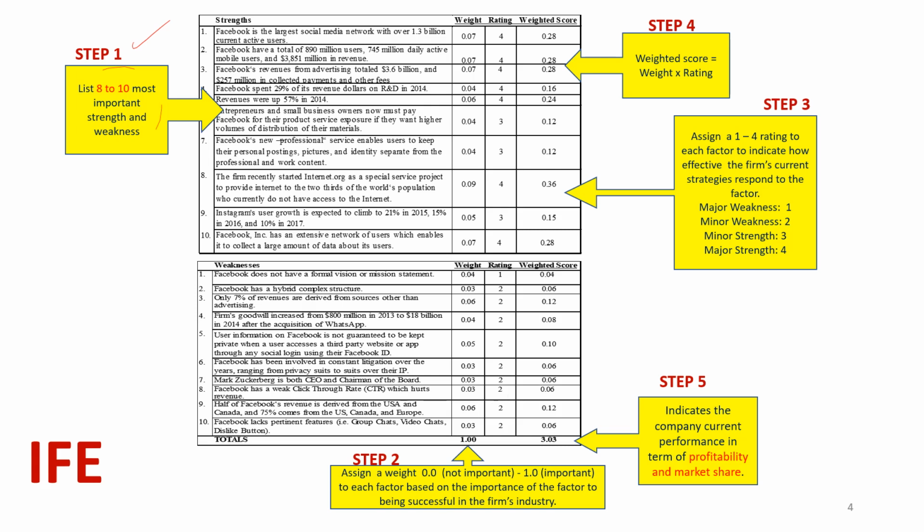The next step is assigning the weight. Weight ranges from 0 as not important, to 1 as all important. You assign a weight to each and every one of the factors that you have identified.